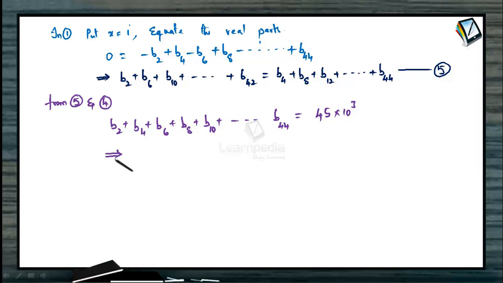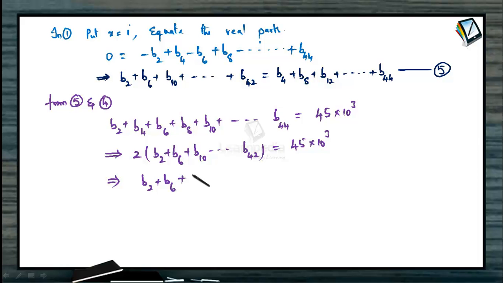So can we write 2 times the required sum b2 plus b6 plus b10 and so on up to b42 will be equal to 45 into 10 cube, right? Then what is the value of the sum of those terms which leave a remainder 2 when divided by 4? Yes, this is 45 into 10 cube by 2, which is nothing but 45,000 by 2, that is 22,500.